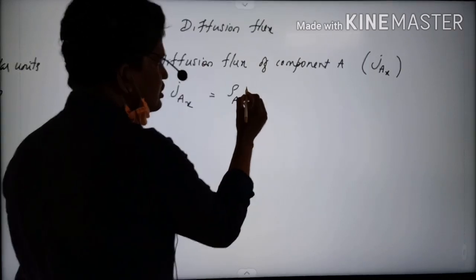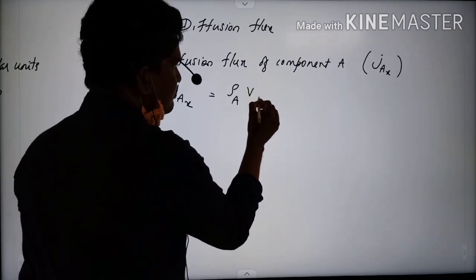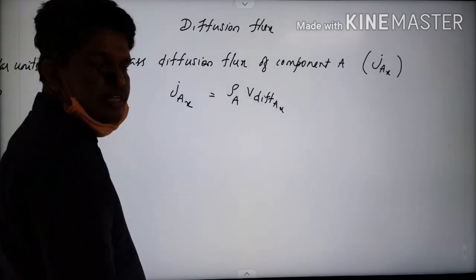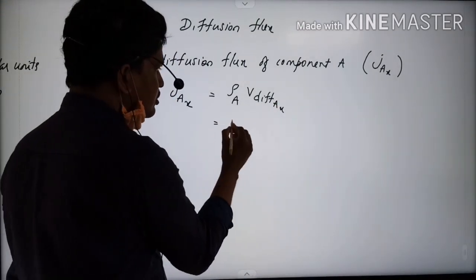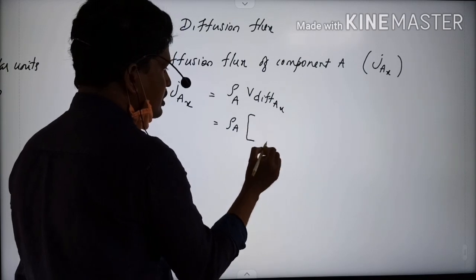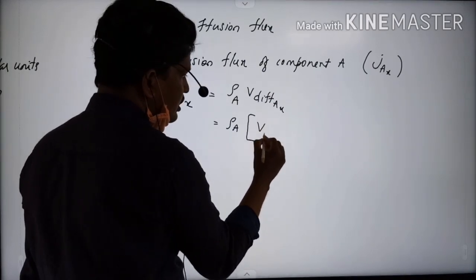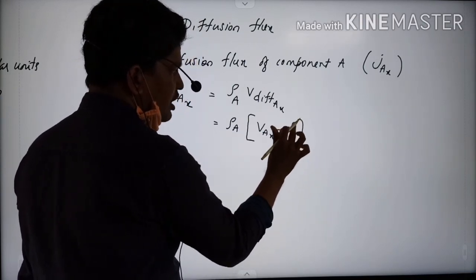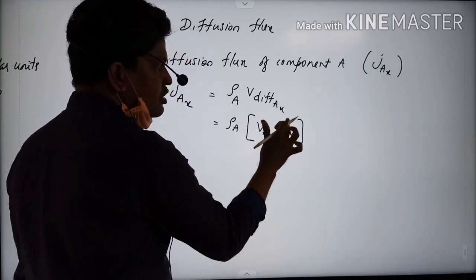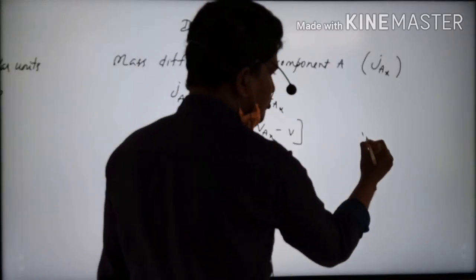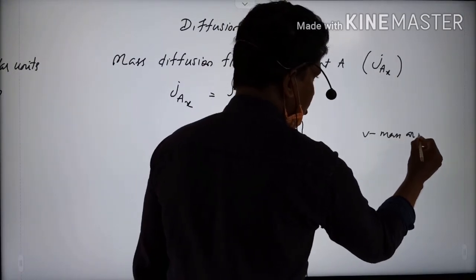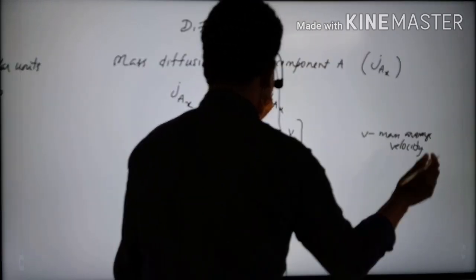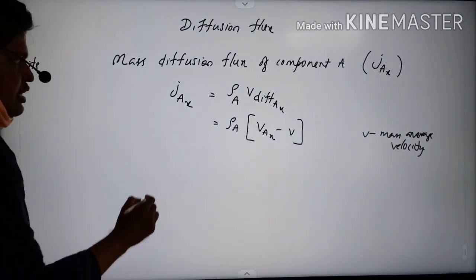The diffusion velocity of A in x direction is VAx minus V, where V is the mass average velocity.